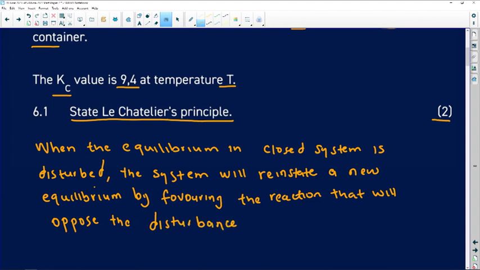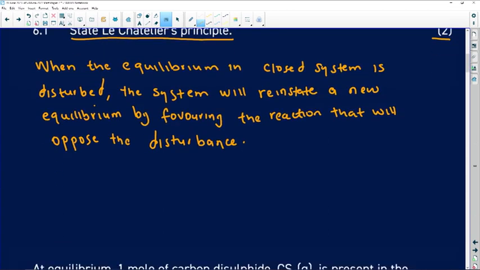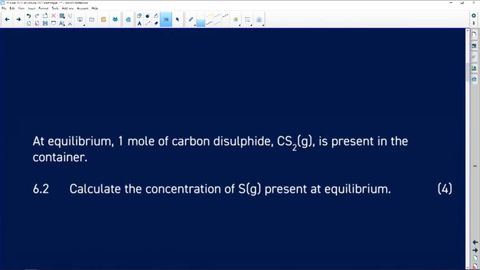Okay, that's how you state Le Chatelier's principle, that when the equilibrium in a closed system is disturbed, the system will reinstate a new equilibrium by favoring the reaction that will oppose the disturbance. Let us move now to question 6.2.